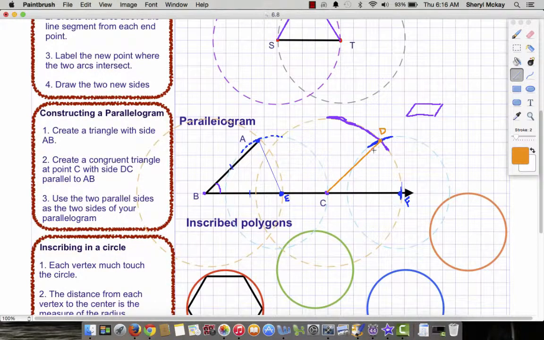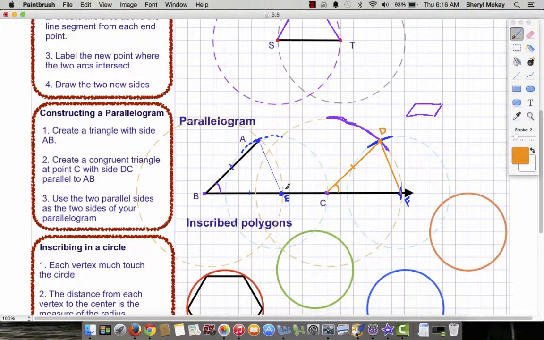Okay? What I was looking to do was create this same angle right here. Now that I have my parallel side, that angle is equal to that angle, so angle B is equal to angle C. I know that they are the same, because I have two congruent triangles. This triangle is congruent to this triangle, and the sides are congruent, so this side is congruent to this side, and this angle is congruent to this angle.